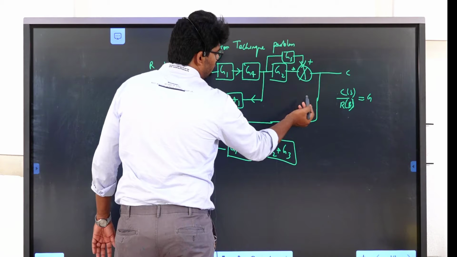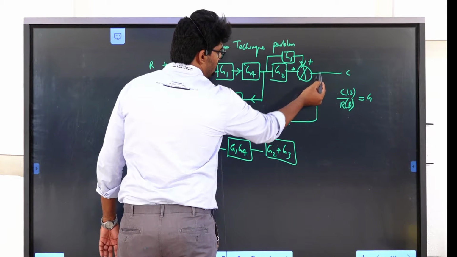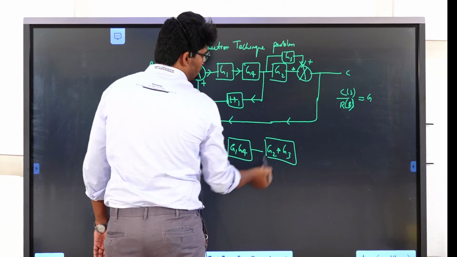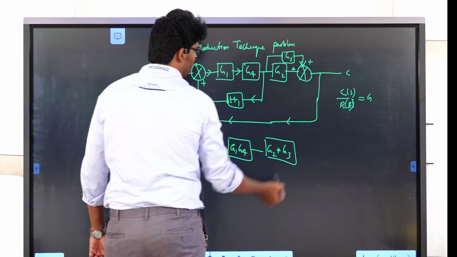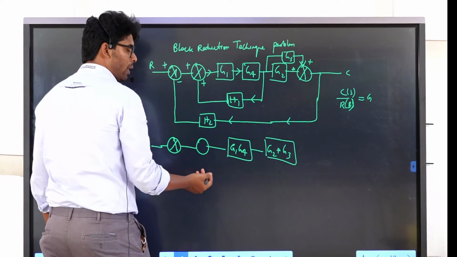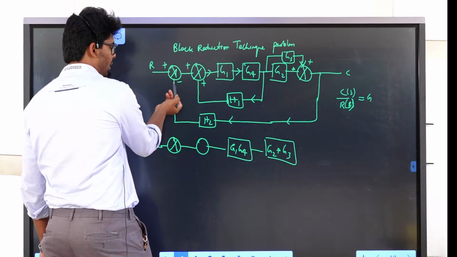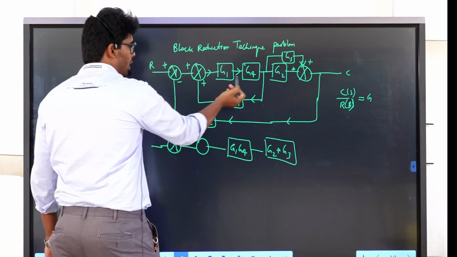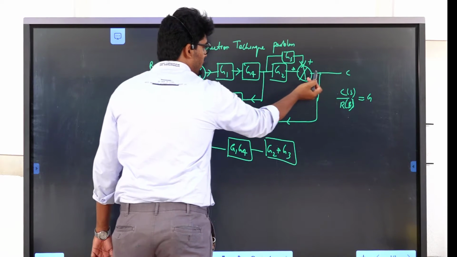See carefully that this takeoff point is not interlinked with the summing point. You need to know what a takeoff point is and what a summing point is. Here we have a takeoff point, and here we have a takeoff point.